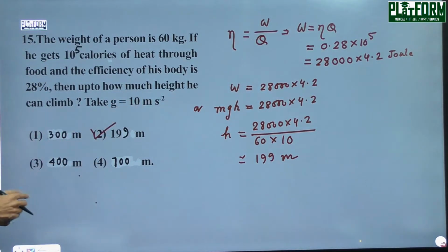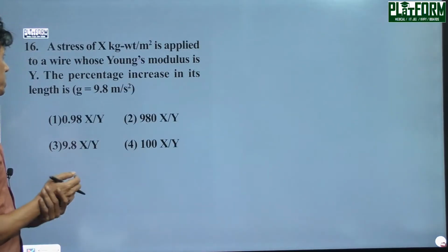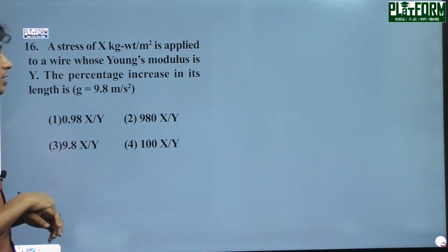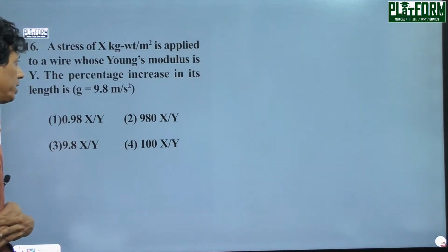So the correct option matches with 2. Moving on to the next problem in this video session, a stress of x kg weight per meter square is applied to a wire whose Young modulus is y.